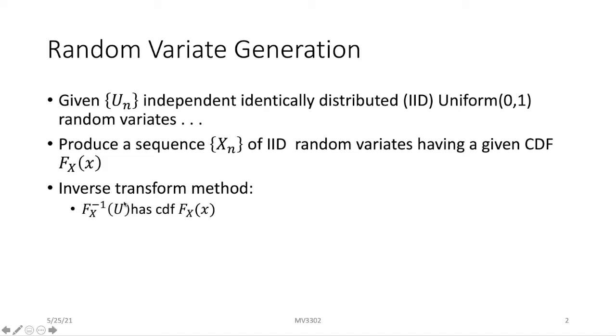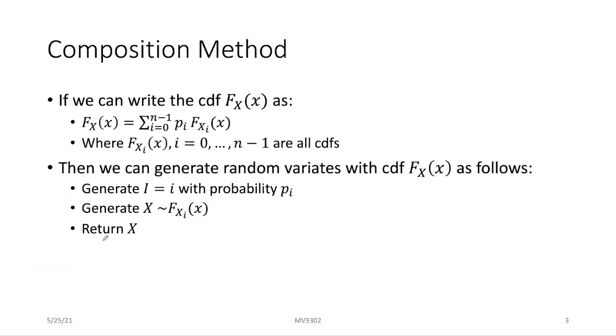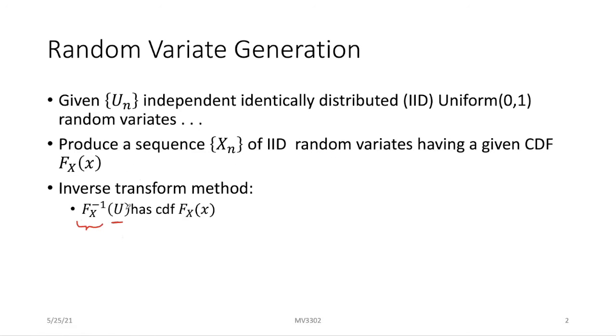That is, if we have a uniform 0-1 random variable, which we assume we have, then we apply the functional inverse of the CDF to that uniform, and that whole quantity has the desired CDF, as it turns out.